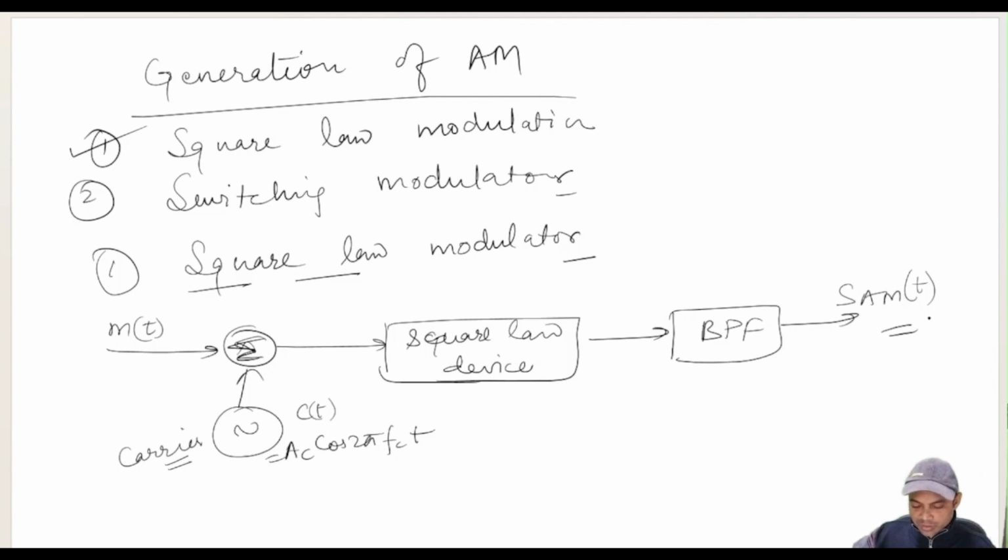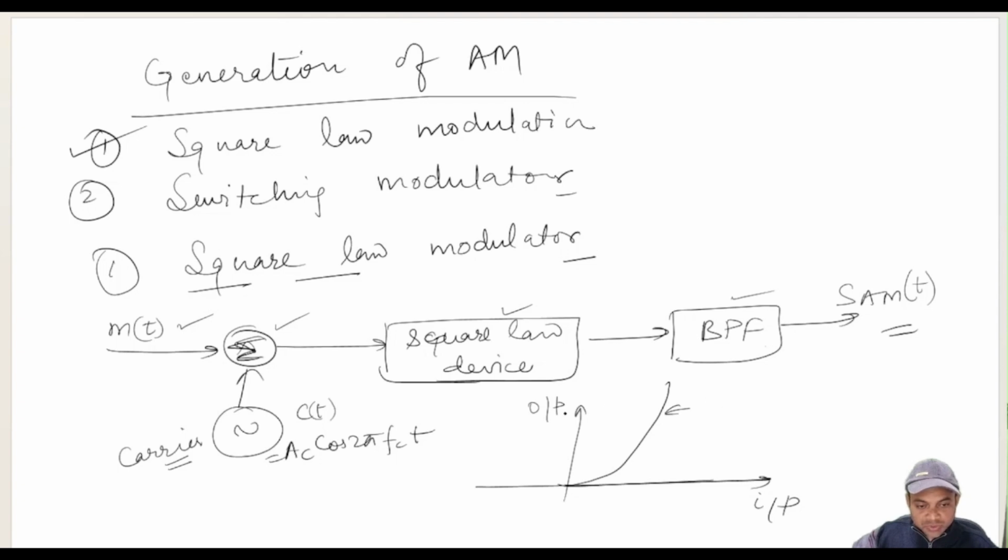Here m(t) and the summation block are clear, and BPF is the band pass filter. But what is a square law device? A square law device is just a diode or something similar. What is the transfer function of our square law device? Suppose the input is on the x axis, then the output is like this. This is the characteristic.